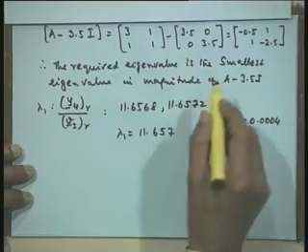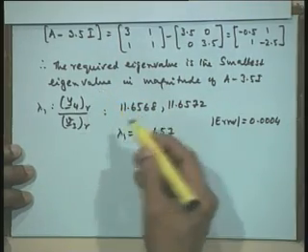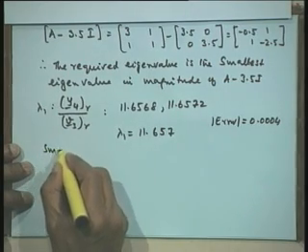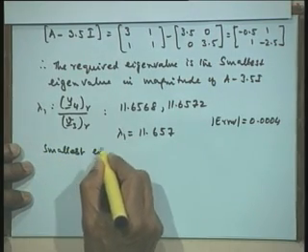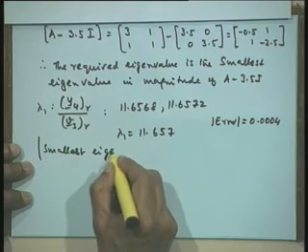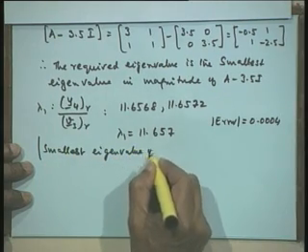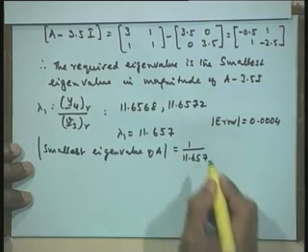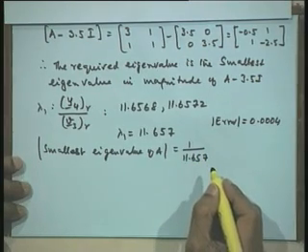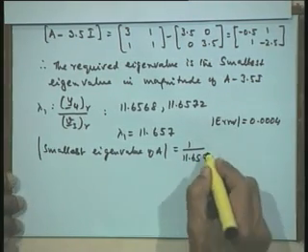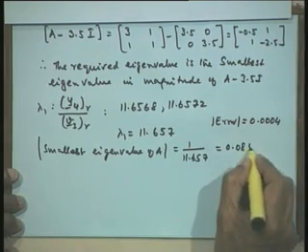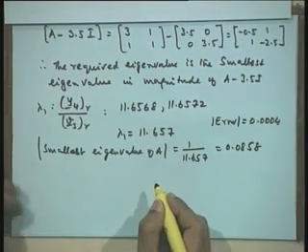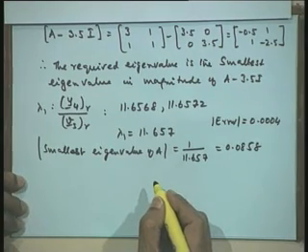This is the dominant eigenvalue of A minus 3.5 I inverse, therefore, its inverse will be the smallest eigenvalue of A minus 3.5 I. Let us put the magnitude: the smallest eigenvalue is 1 upon lambda, that is equal to 0.0858.